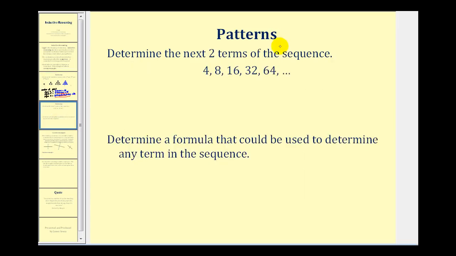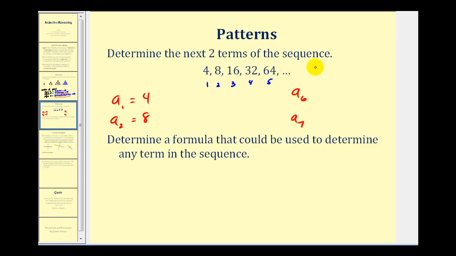Let's take a look at another pattern question. Here we want to determine the next two terms of the sequence. If we call these the first term, second term, third term, fourth term, fifth term, it's pretty common to state the information as a sub 1, meaning the first term is 4, and a sub 2 would be 8, and so on. So we're actually looking for a sub 6 and a sub 7.